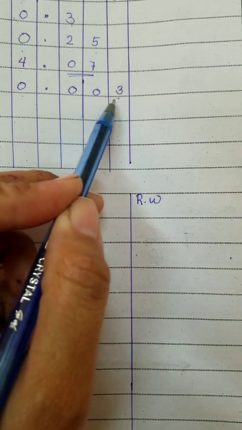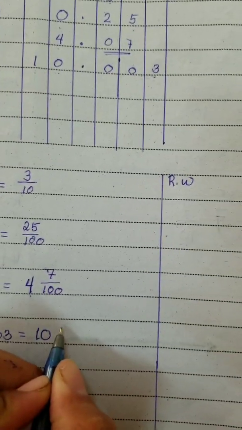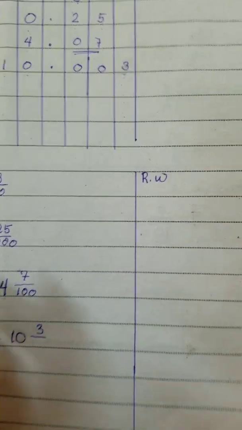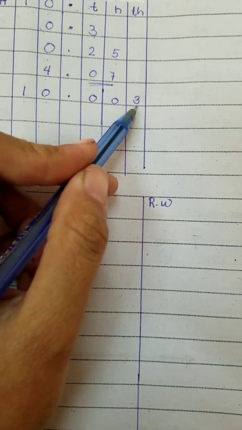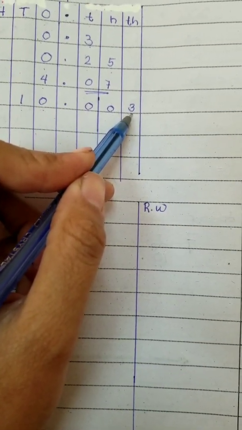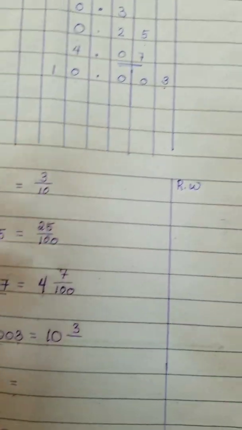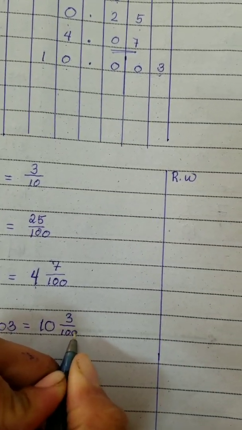In the decimal part, you have here the 3. I will write that in the numerator. And in the denominator, I will write the place value of the last digit. So the place value of the last digit is thousands. So I'm going to write here thousands, 1,000.